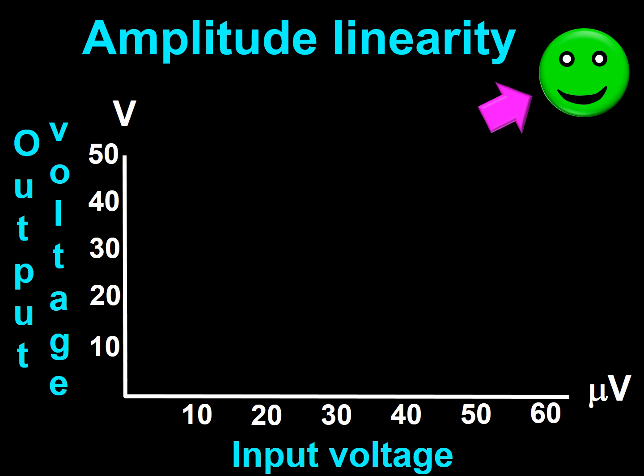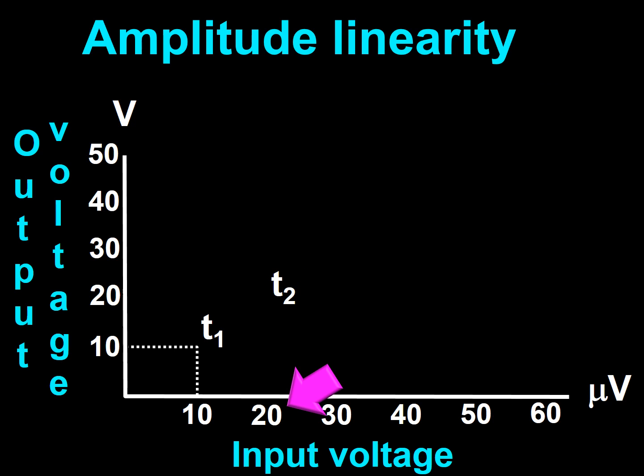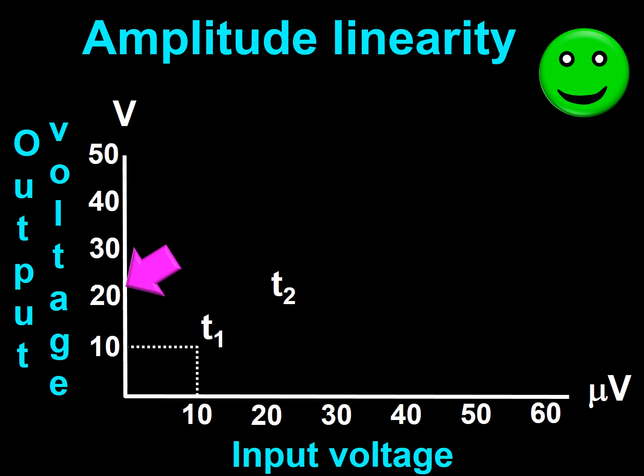The happy face is there to indicate a good amplifier. So, if a good amplifier is introduced to an input voltage of 10 microvolts and produces an output of 10 volts, a good amplifier, when at a different time, as indicated in this frame by T2, is confronted with 20 microvolts, it will produce an output of 20 volts, maintaining the same ratio.